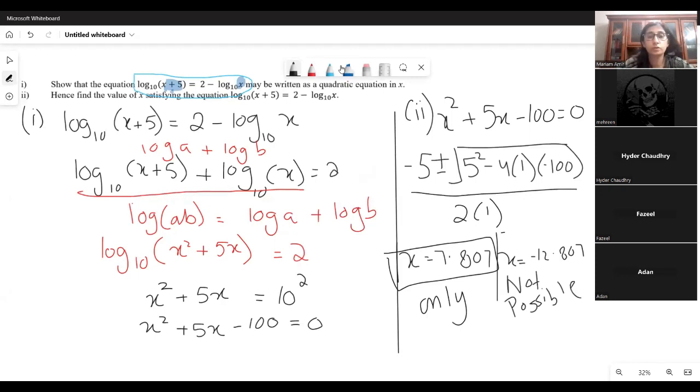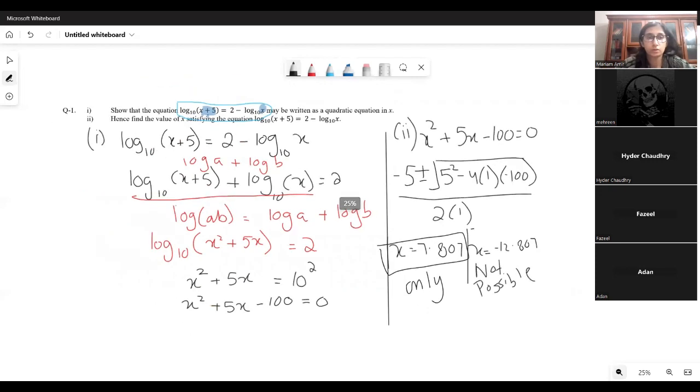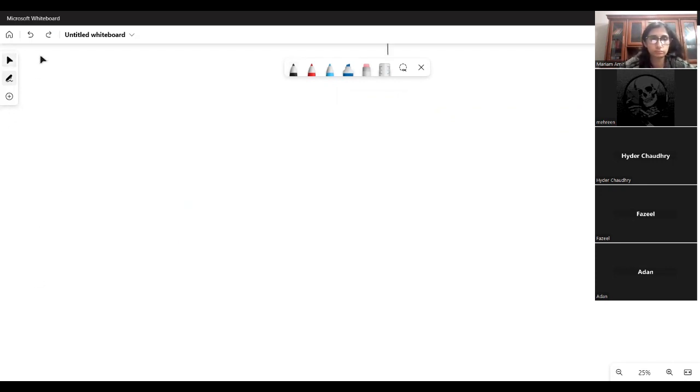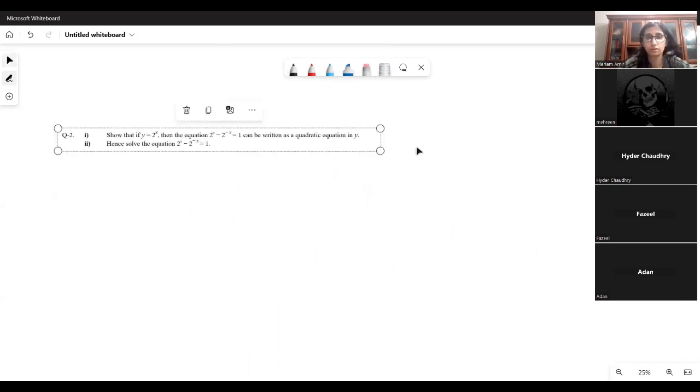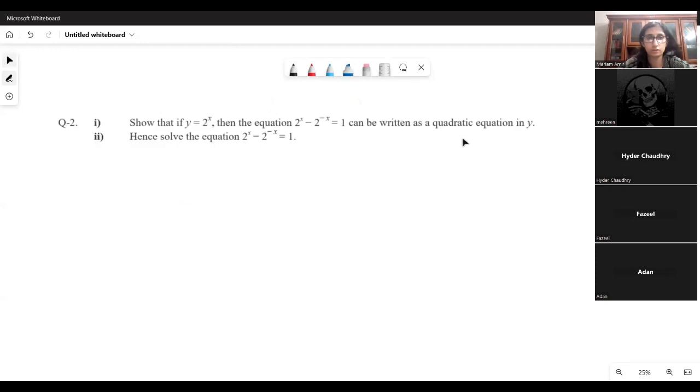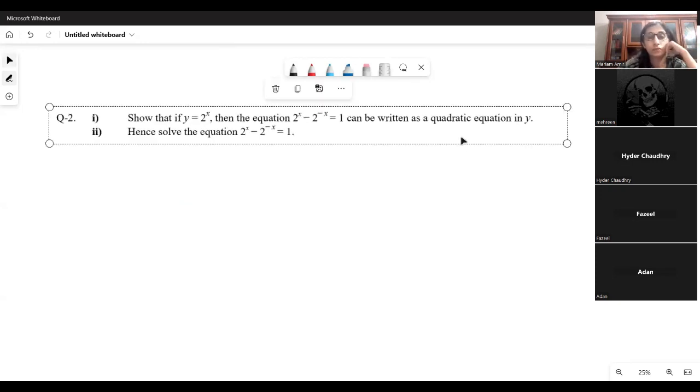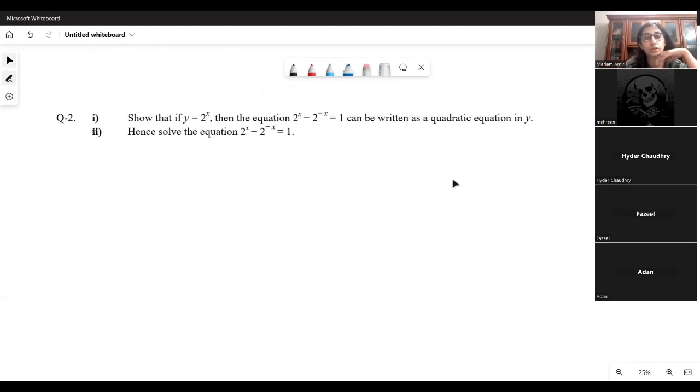All right, moving on to question number 2. Show that if y equals 2 power x, then the equation 2 power x minus 2 power minus x equals 1 can be written as a quadratic equation in terms of y.